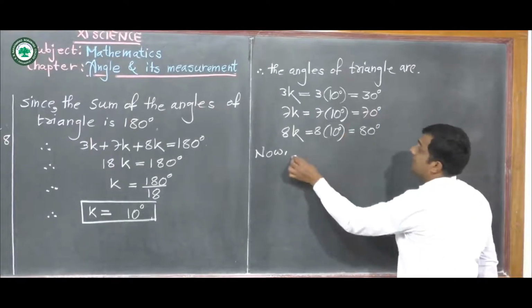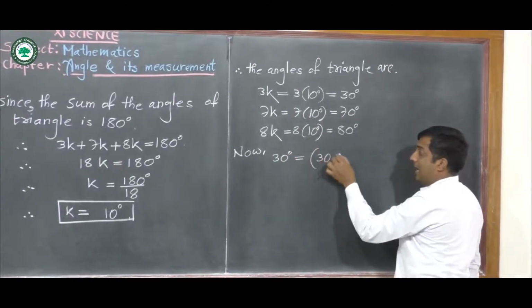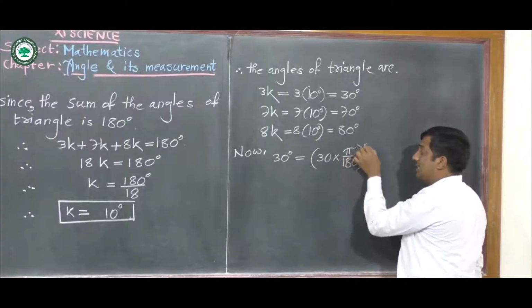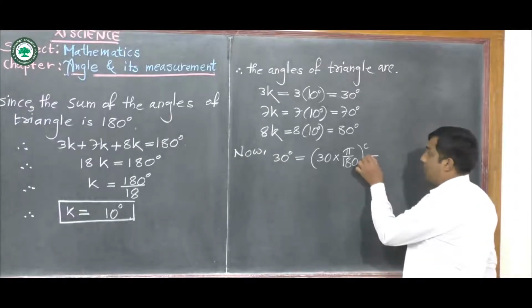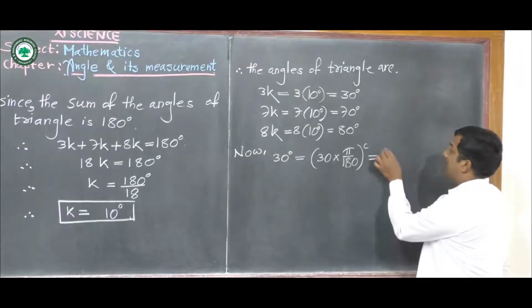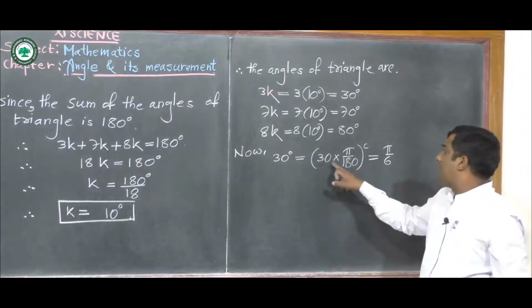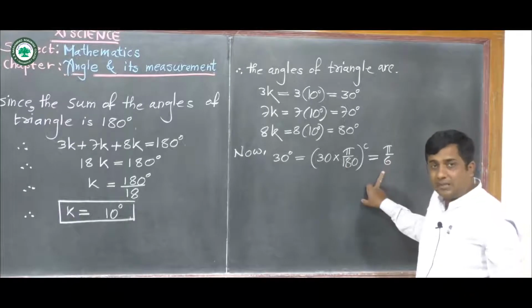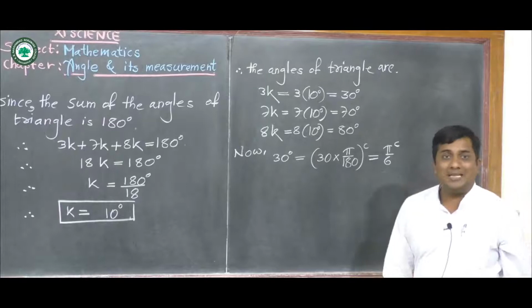So for 30 degrees, I write 30 degrees is equal to 30 into pi by 180 radian. Now this is equal to pi by 6, since 30 upon 180 is 1 upon 6. So we get pi by 6 radian.